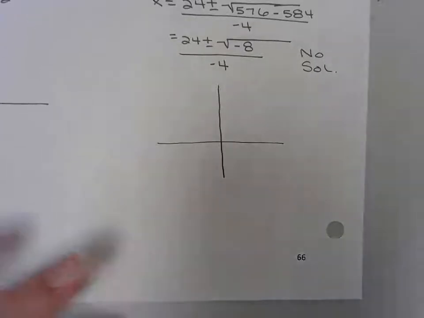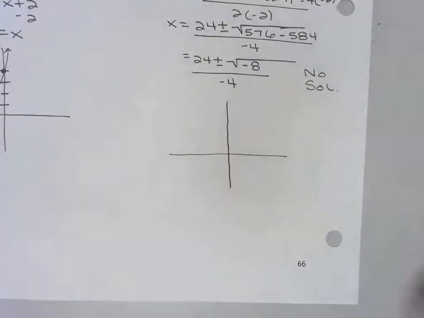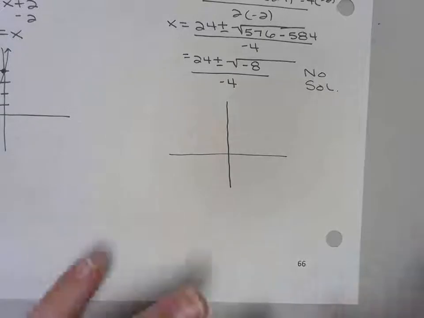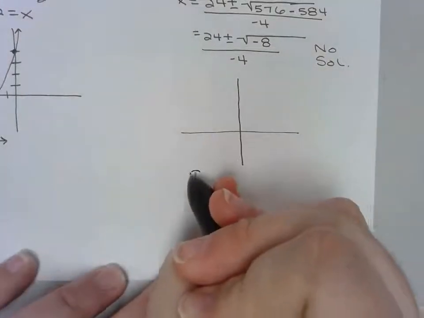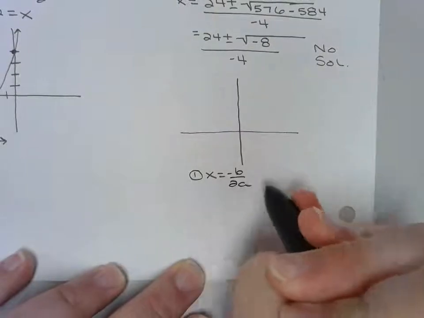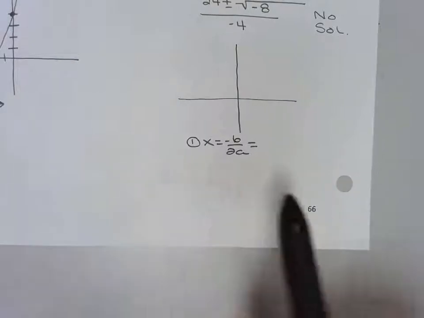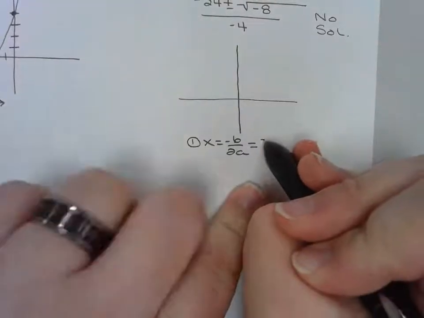Okay, so let's go ahead and graph this. I know, since I have no x-intercepts, it's not going to cross or touch the x-axis. So as we graph this, we should see that. Okay, then. So first step, x equals negative b over 2a. This is just review from Monday, but we'll go through it since it seems like some of us need a refresher. Negative b, what's b?